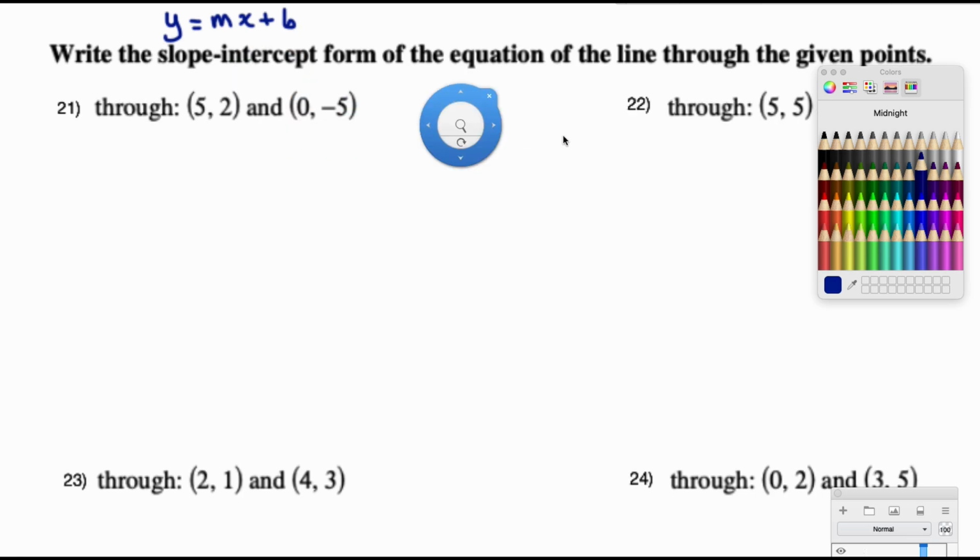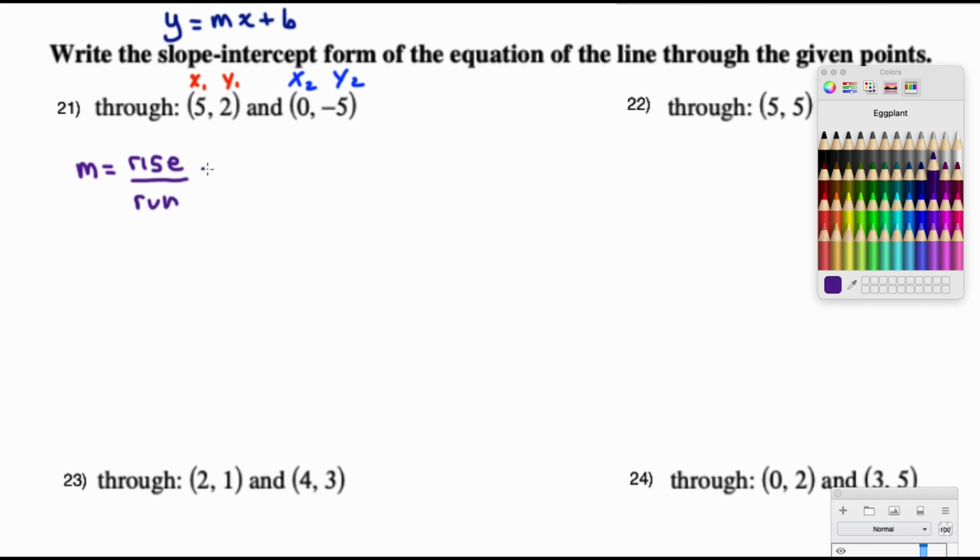So we have an x1 and a y1. That's our first coordinate. And we have an x2 and a y2. And the way we find slope is by finding the rise over the run. And the rise is the change in the y values.